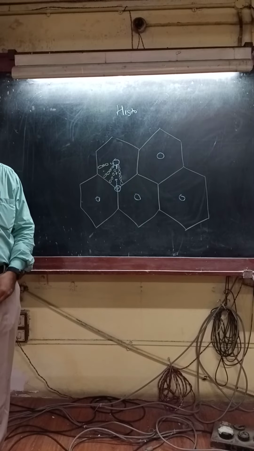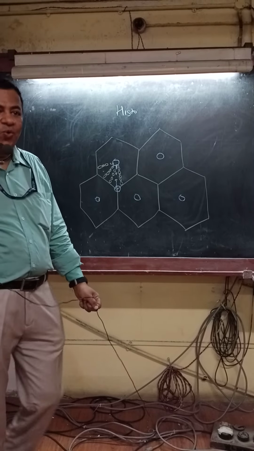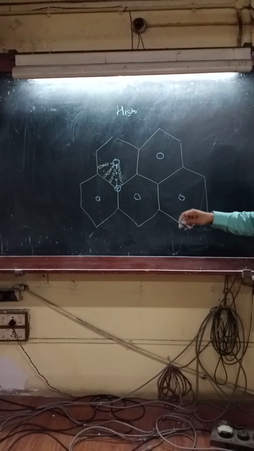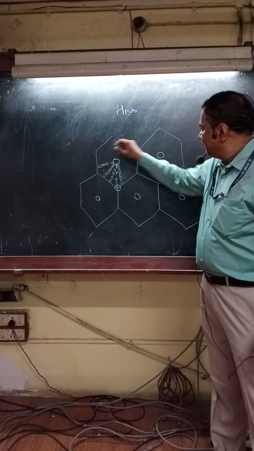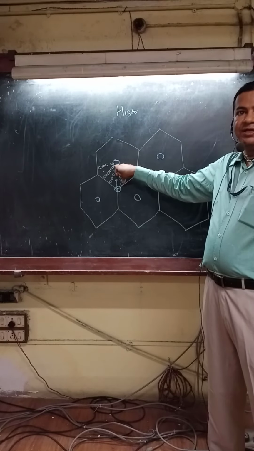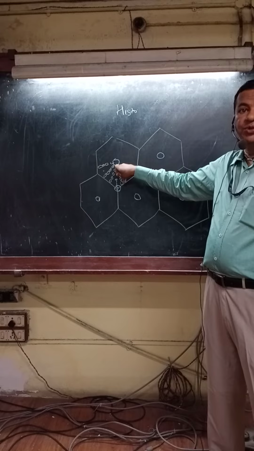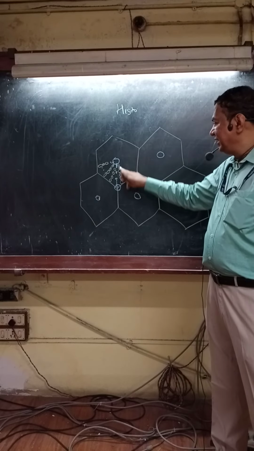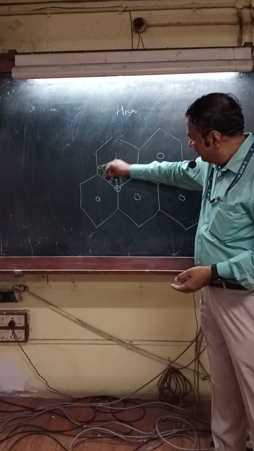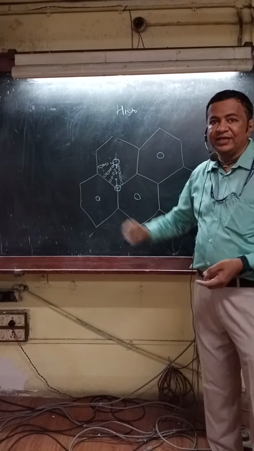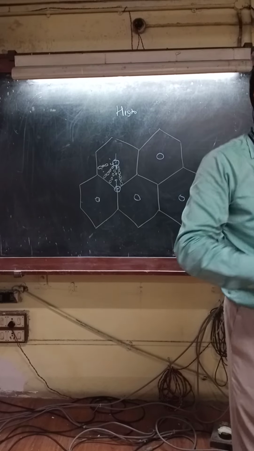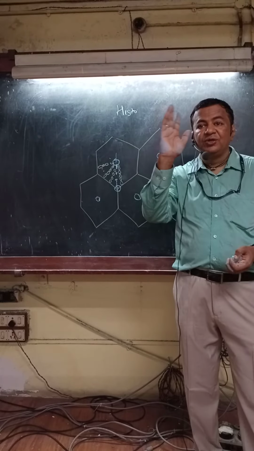Then there are Ito cells, which absorb vitamin A. So this portion drained by a central vein is called the hepatic lobule. It is the portion drained by one hepatic vein. So this hexagonal thing is called the hepatic lobule, not portal lobule.